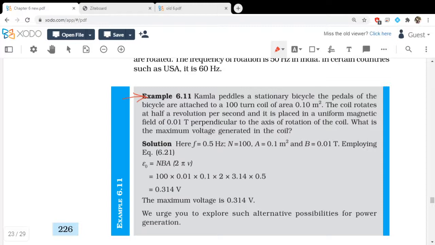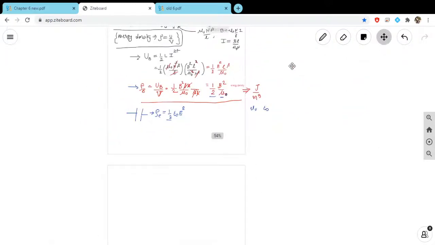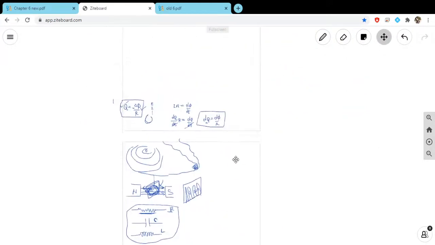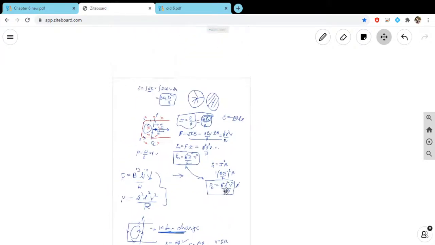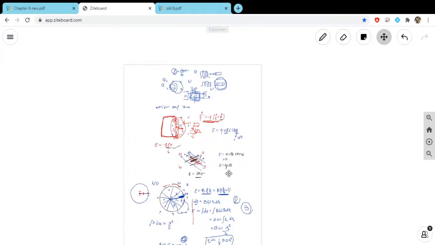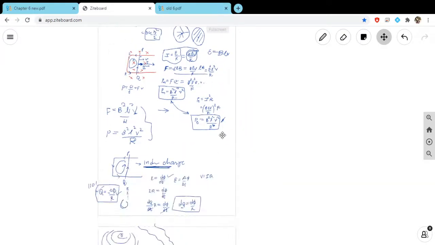As you can see, the portion of the AC generator in which we discussed the maximum EMF. I can show you here somewhere. Can find somewhere here if that is possible.